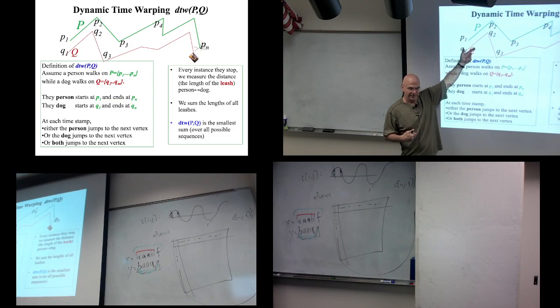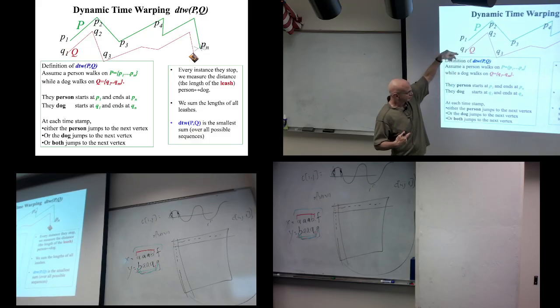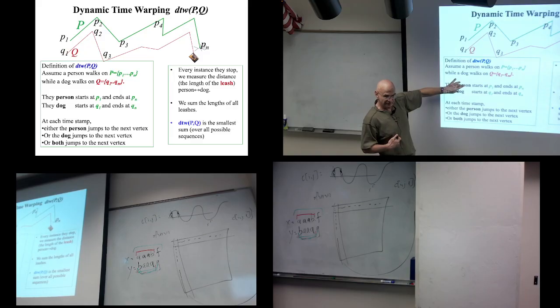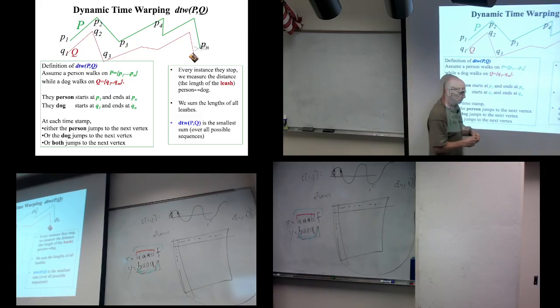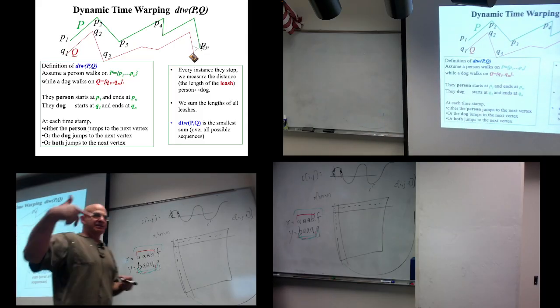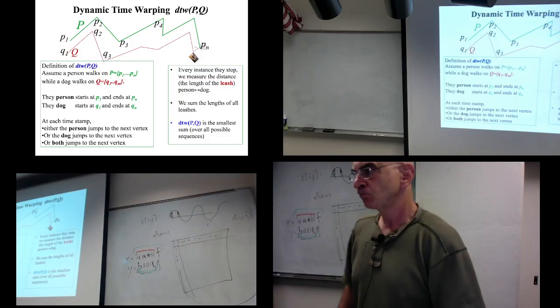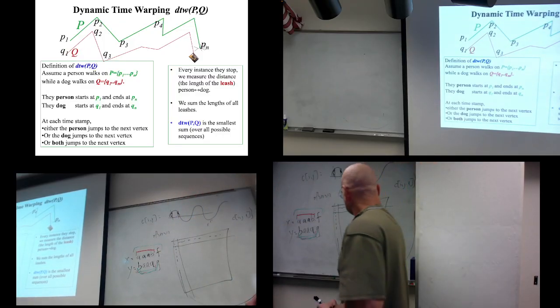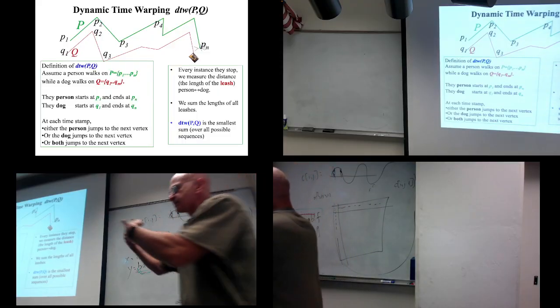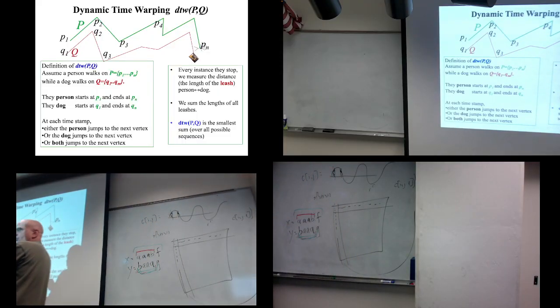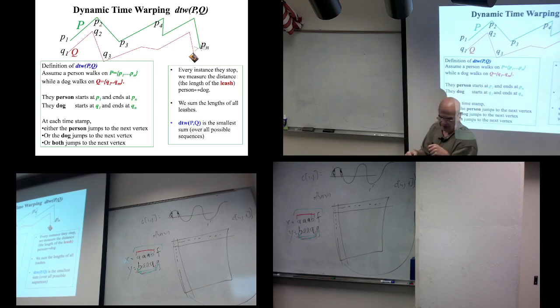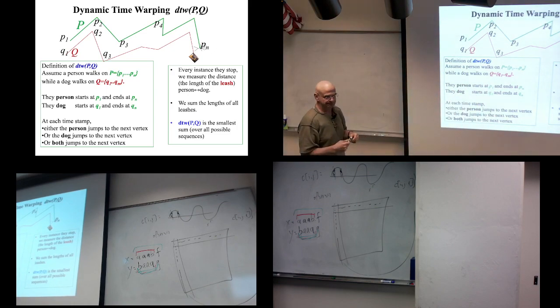It's a discrete dynamic time warping. At every time step, at least one of them must move. It's possible that both of them move. So at every time step, either the person moves, or the dog moves, or they both move. Move always means from one vertex to another. And at every moment, that is, once they have landed and are taking a rest for a moment on their vertices, I check the distance between them.